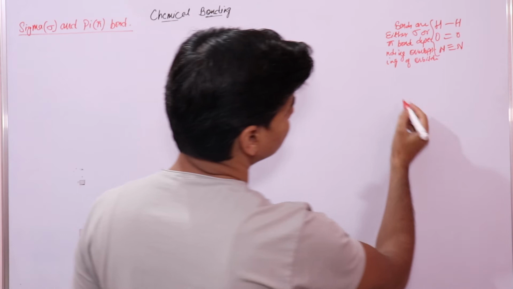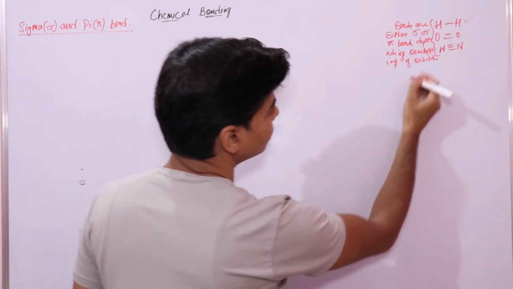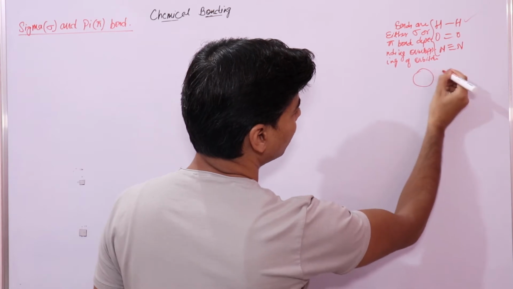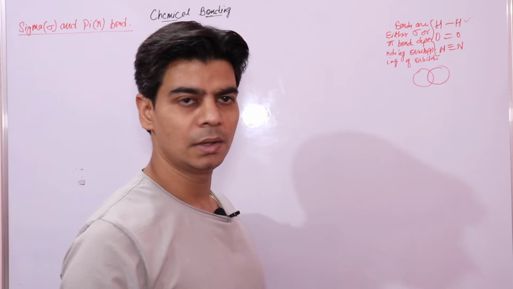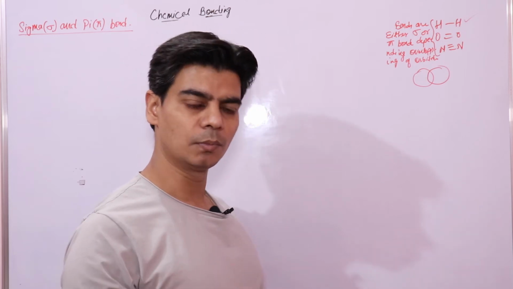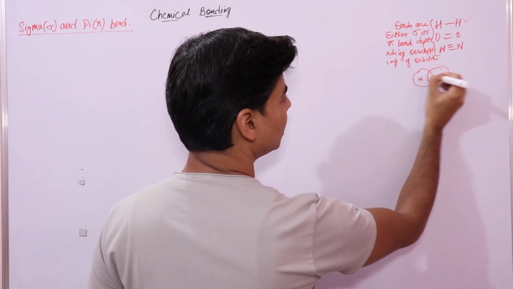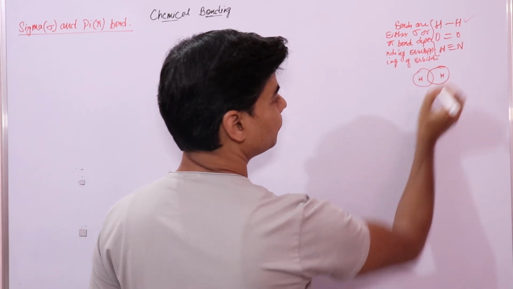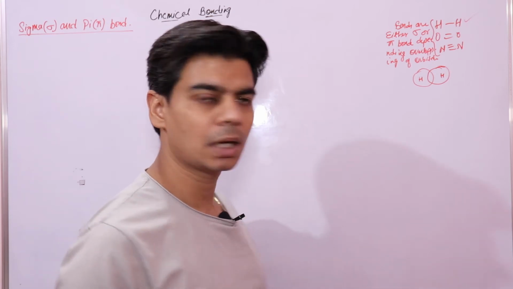Let's talk about the first molecule, the hydrogen molecule. Hydrogen molecule is formed when two hydrogen atoms, each having one electron, need one more electron. So both these hydrogen atoms will share one electron to complete their doublet, that is two electrons in the outermost orbit.